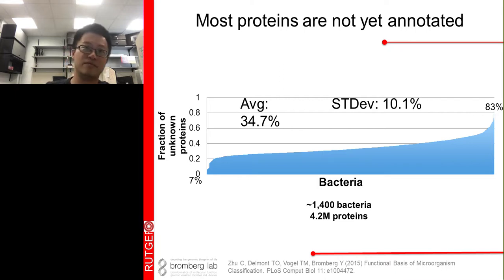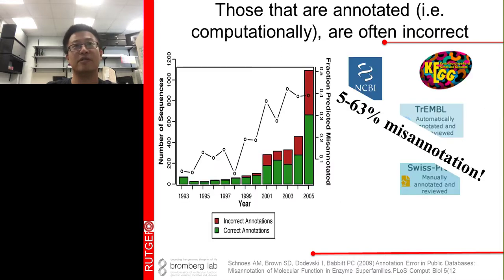But then how about those proteins that we do have annotation for? There is also another problem, which is mis-annotation. In this paper by Alexander Schnoes from 2009, they have shown that in the big public databases like NCBI, KEGG, or SwissProt, there is from 5% to 63% of mis-annotation.